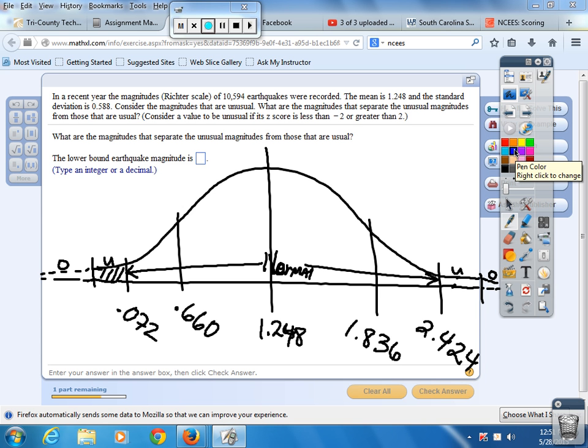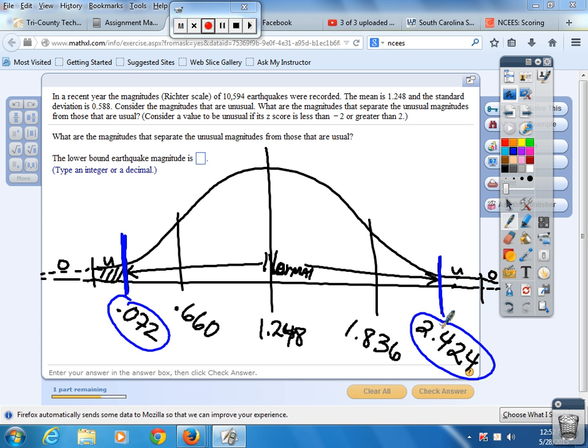So which number separates normal from unusual? 0.072, there's one. And what's the other one? And that's it. There's your two numbers. So that number right there, that's your lower bound. So you read from left to right, and that's your lower, and that's your upper.